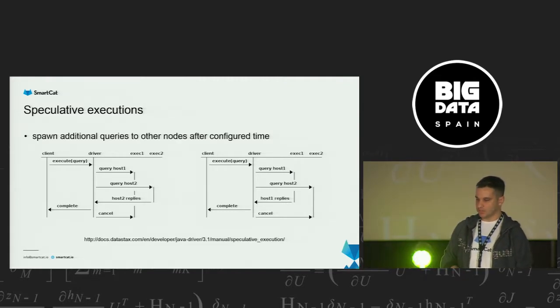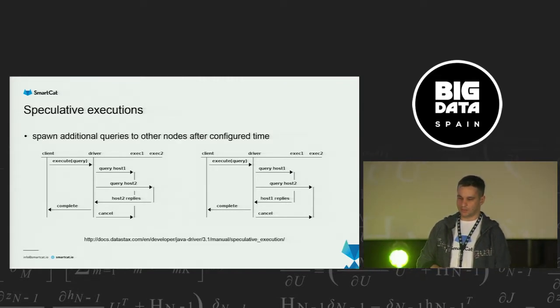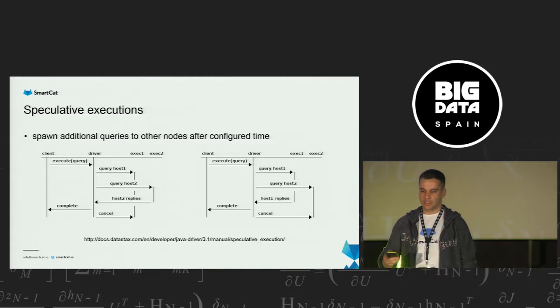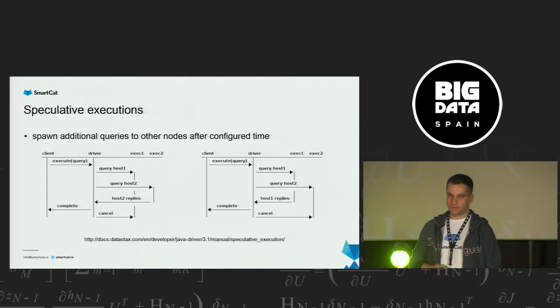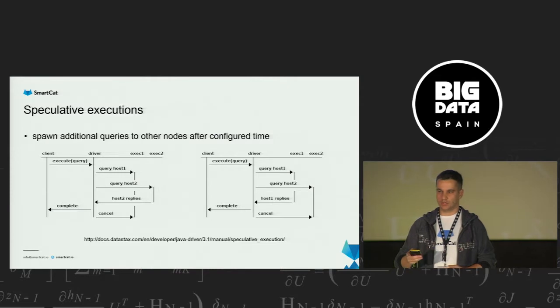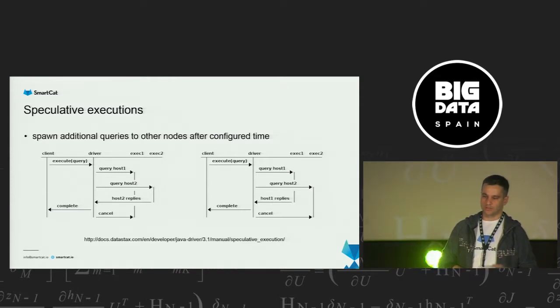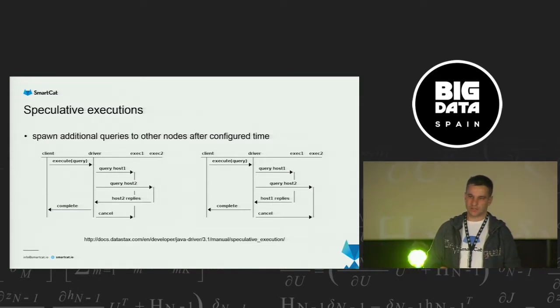The other image is the same scenario, but in this situation, host 1 responded before host 2, and it canceled the request. Pay attention that after version 3, they added marking of idempotency of queries in the driver. So if your query is not idempotent, speculative execution won't work. You need to make sure that your query is idempotent, and for idempotent queries, speculative executions will fire.